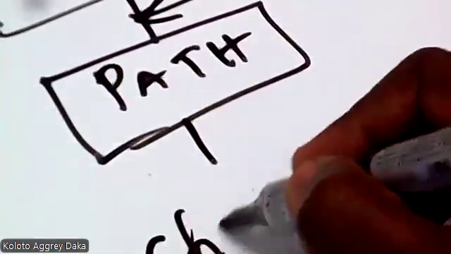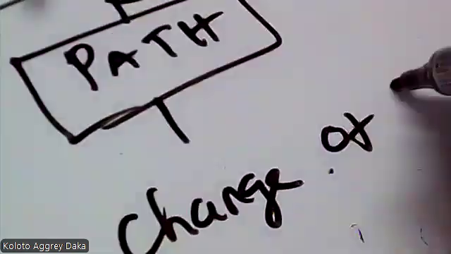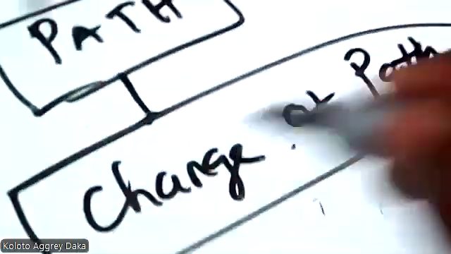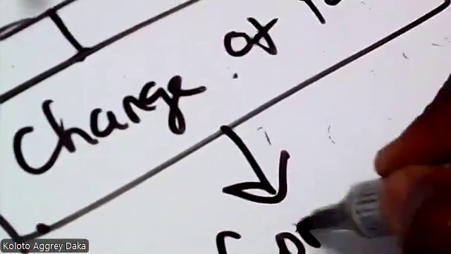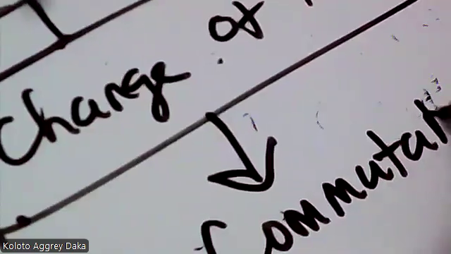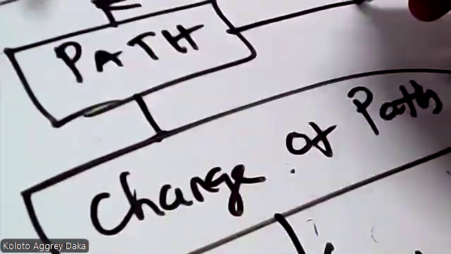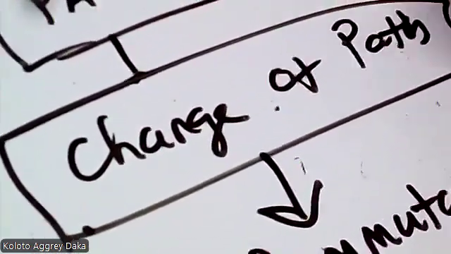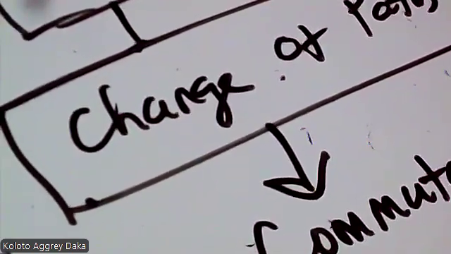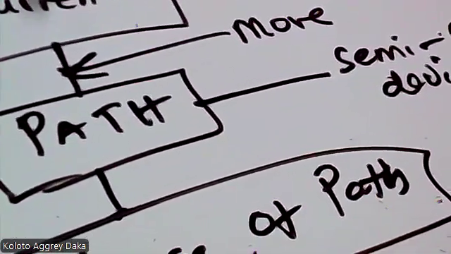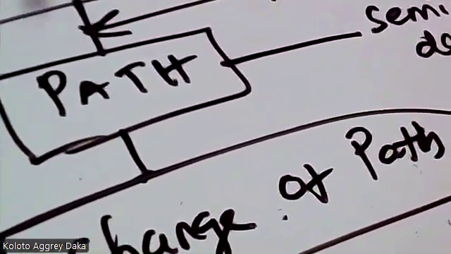Now, when there is a change of path, that process we call commutation. And this path in electronics is a semiconductor device.